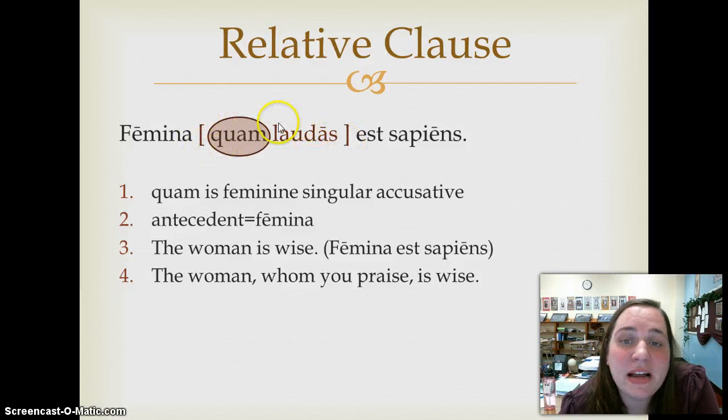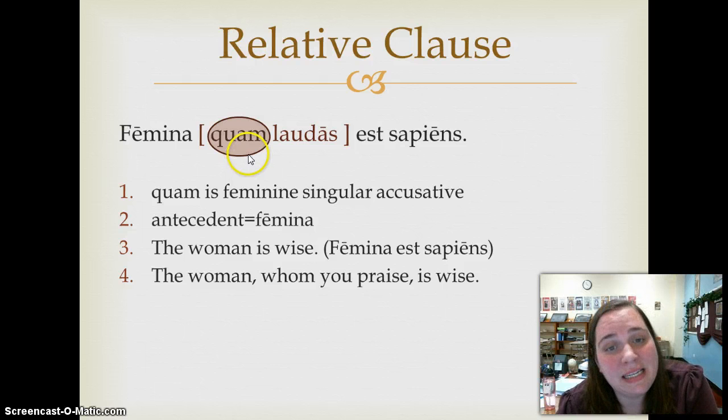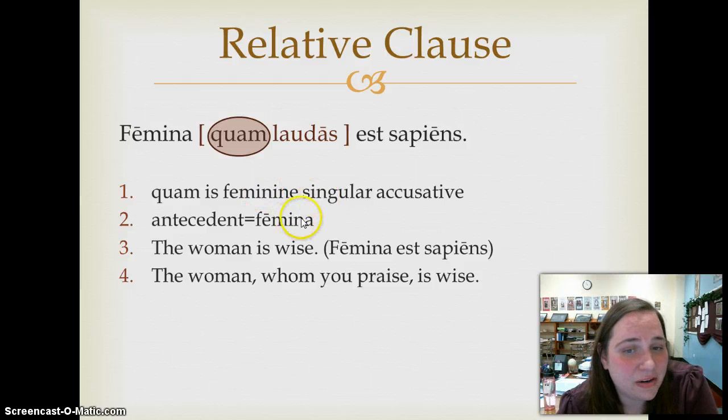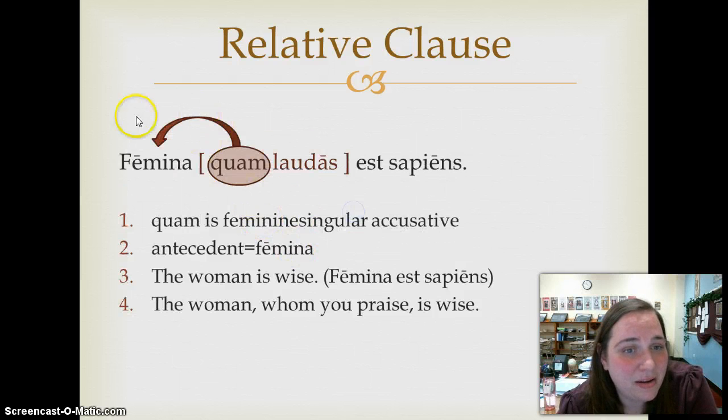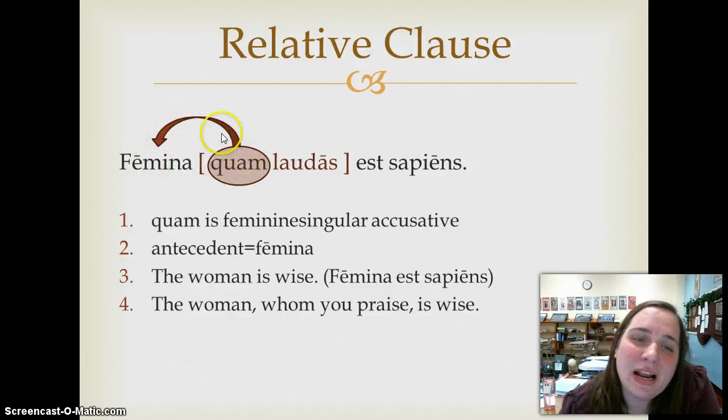I even bracketed it off and made it a different color. The gender, number, case of quam: feminine singular accusative. Now, we know that quam gets its gender and its number from its antecedent. So feminine and singular, what's the only feminine singular thing we have in here? Femina. So our antecedent is femina.